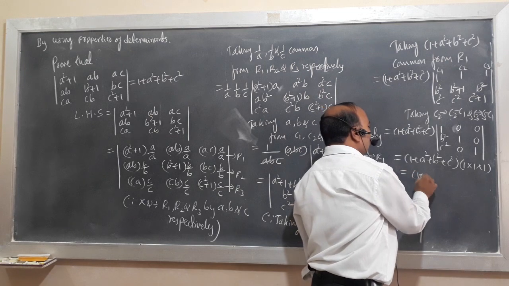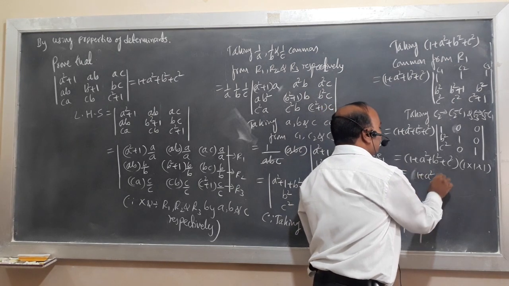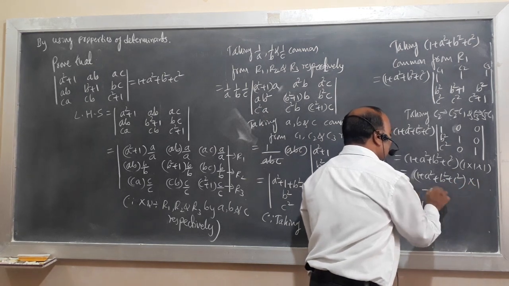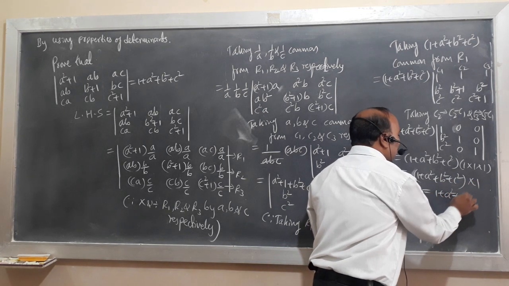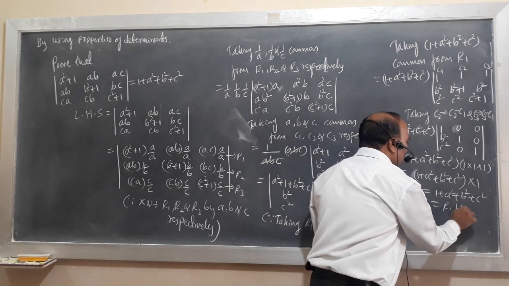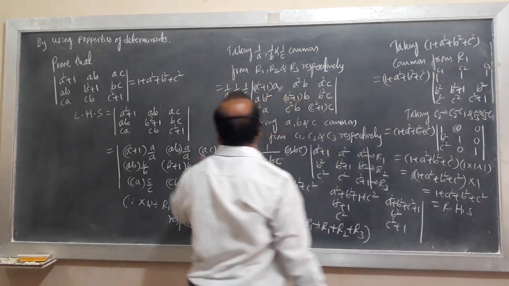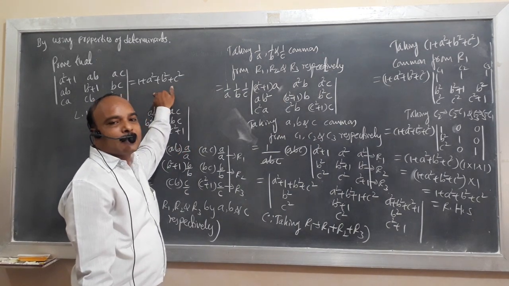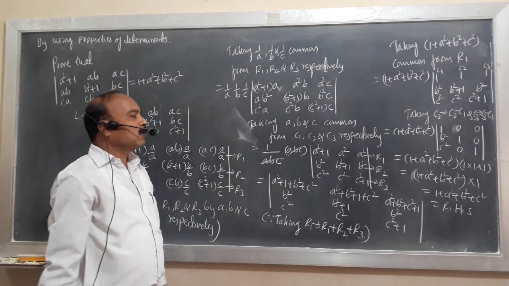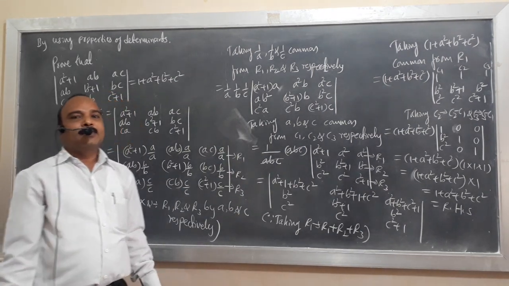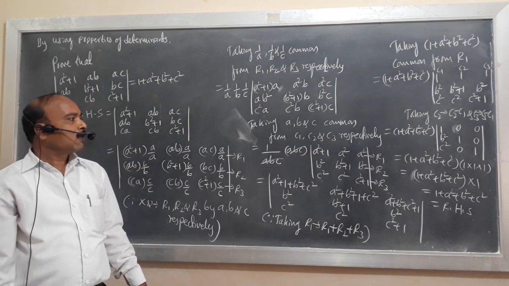So the answer is 1 plus a square plus b square plus c square, which is equal to the RHS. Like that we prove the result by using some of the properties of determinants. Write this example.